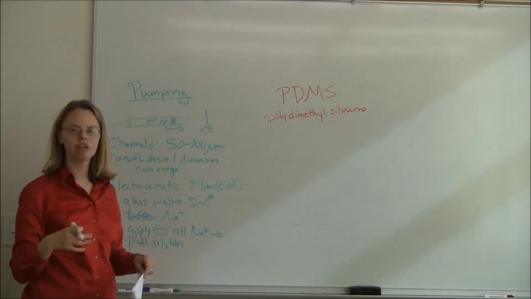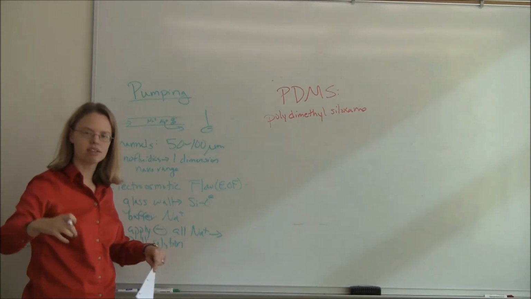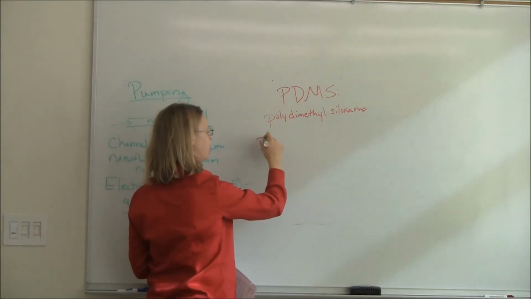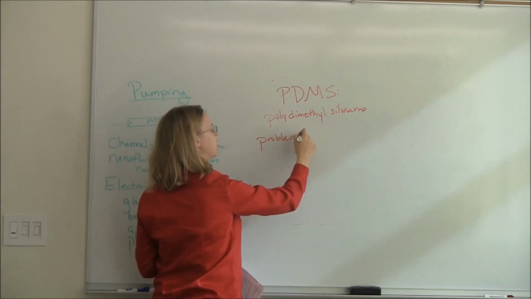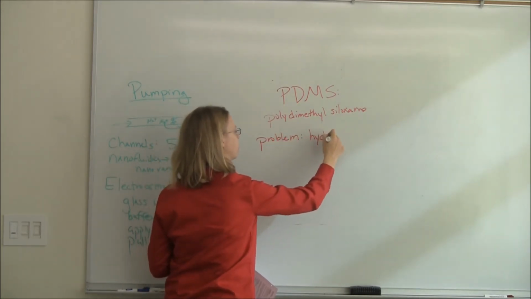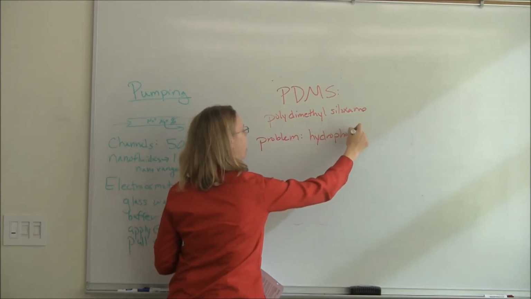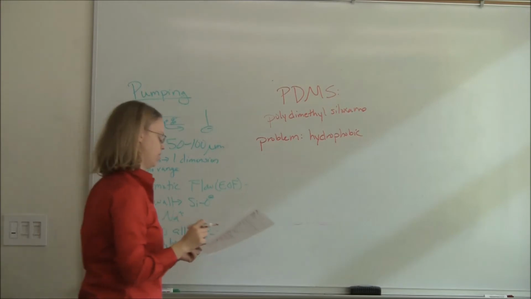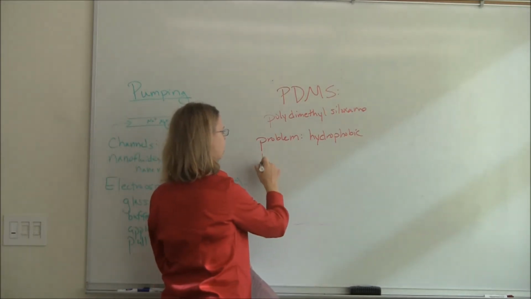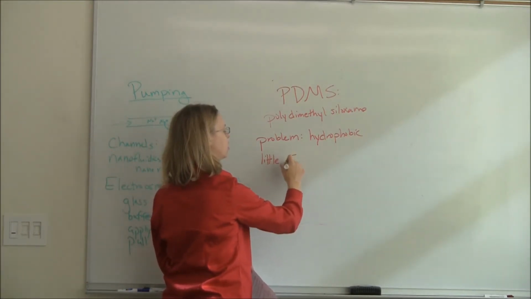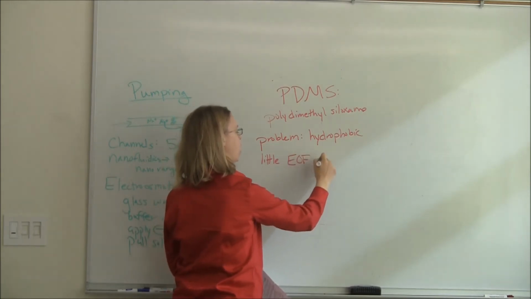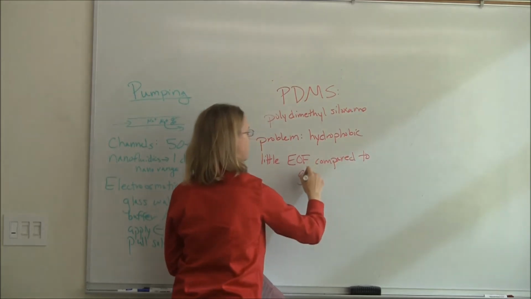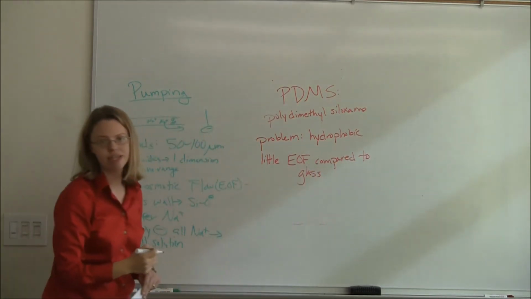You have a monomer and a curing agent, you mix them together, it causes it to polymerize into nice long chains. The only problem with this PDMS is that it tends to be hydrophobic. And so that means it doesn't wet well, that solution doesn't want to be on it. And you also get very little EOF, again, compared to glass. So we are not going to do EOF in this lab because it doesn't work very well in PDMS.